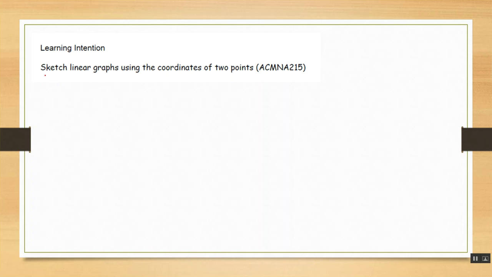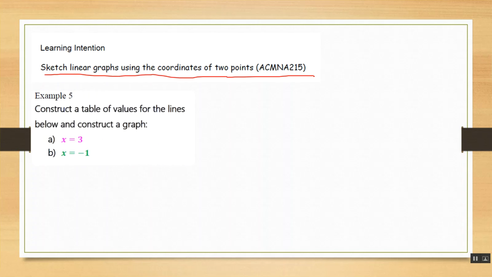Next learning intention is to sketch the linear graphs using coordinates of 2 points. So for example 5, construct a table of values for the lines below and construct a graph. So if x equals 3, what does the graph look like?